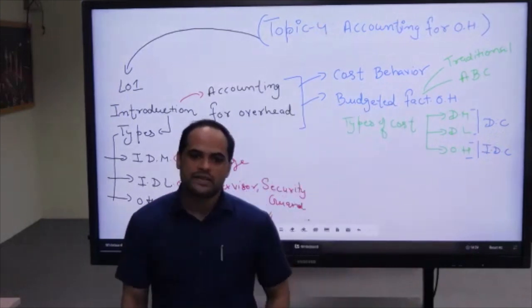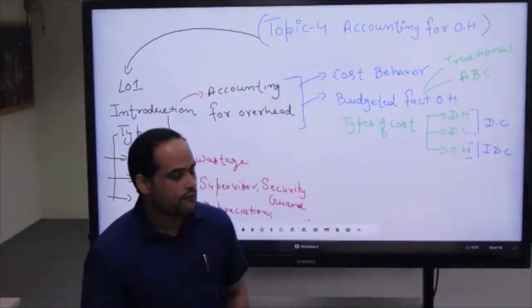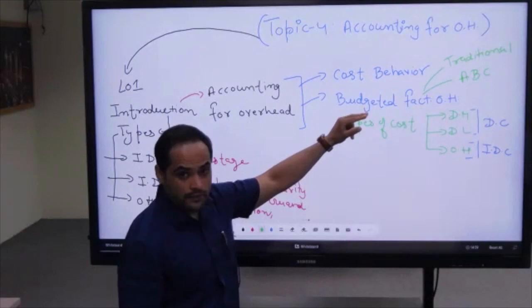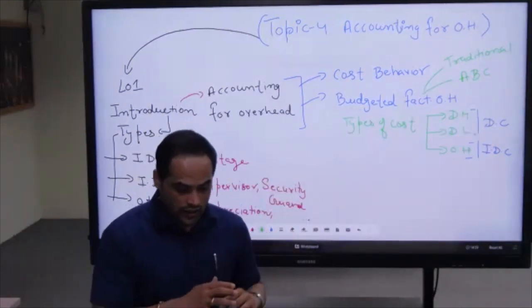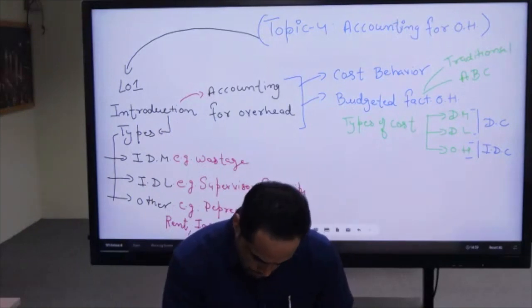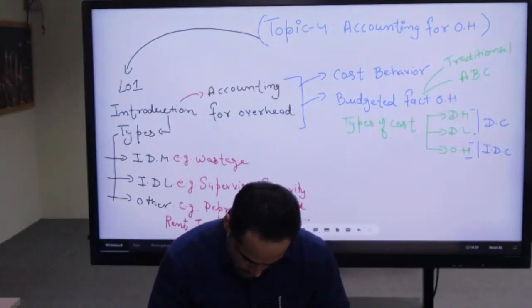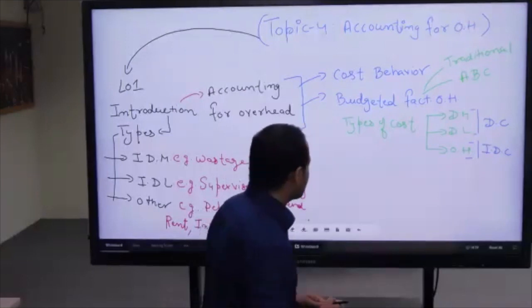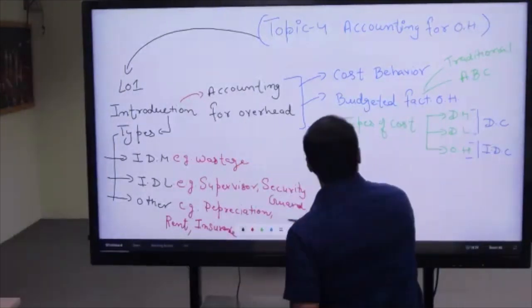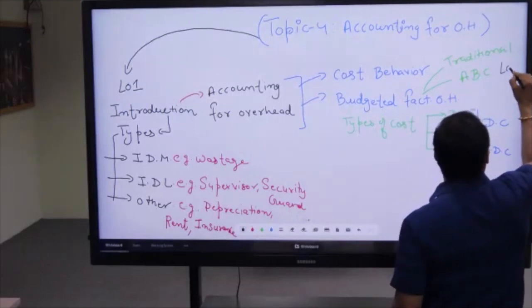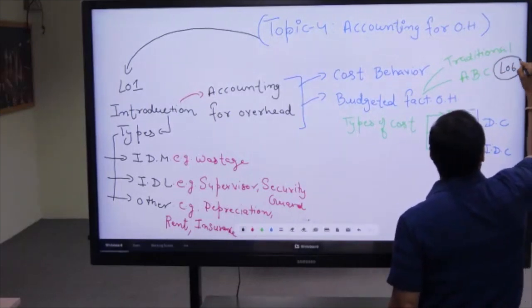We call it ABC, right? You will study these two methods in your learning outcome 6.